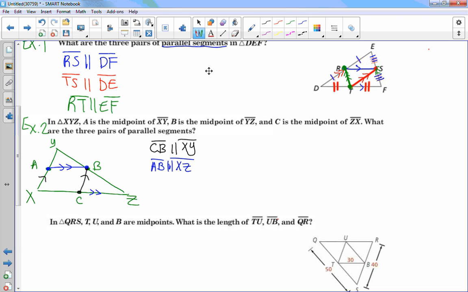AC, look how it makes like a mini triangle inside. AC, Omar, is parallel to what side? The opposite side of the triangle, and they should actually look parallel.